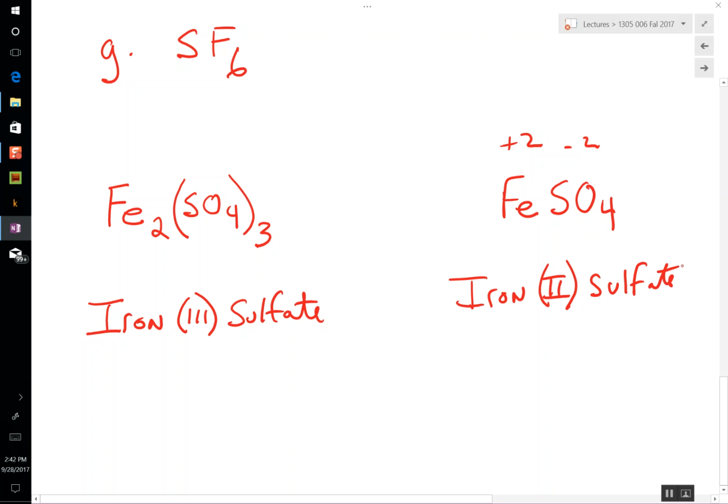Now, you can see that I am emphasizing this. I'm putting a lot of attention on the right name, the right formula for these compounds. It will be next Thursday, the class after the test, that we really come back to this and you see why it is so important. Can't get there yet, but we're going to be there next Thursday.